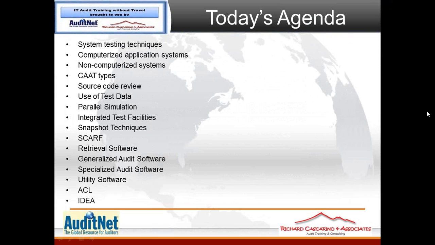And that was okay in the days when we had paper trails and where there was a 1-for-1 matchup between things going in and things coming out. But with today's environment, we have internally generated transactions.